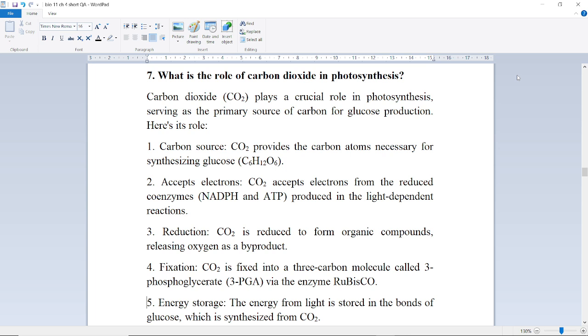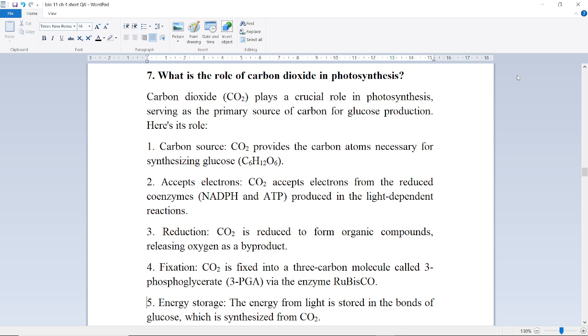Carbon dioxide accepts electrons from the reduced coenzyme NADPH and ATP produced in the light-dependent reactions. Reduction. Carbon dioxide is reduced to form organic compounds, releasing oxygen as a byproduct.